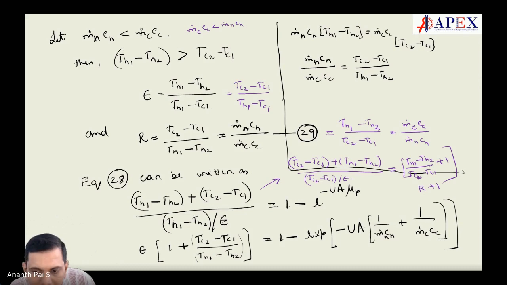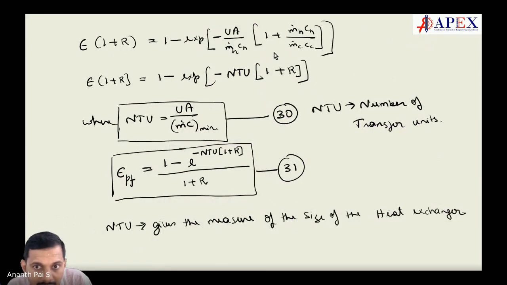And what would come out from here is, instead of taking m dot h Ch out, you will take m dot c Cc out.